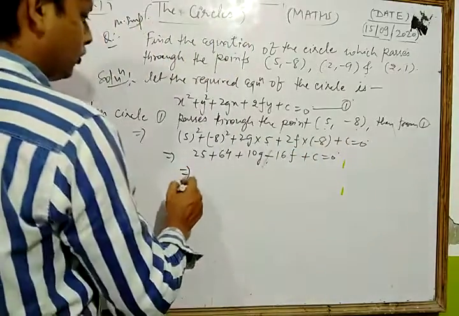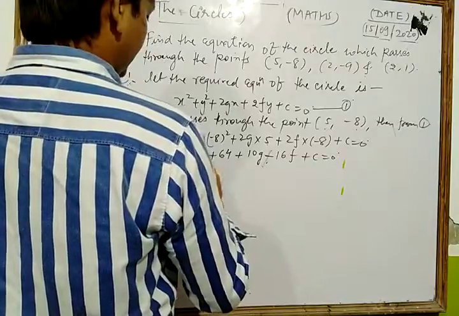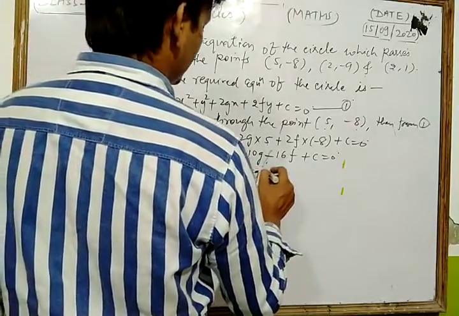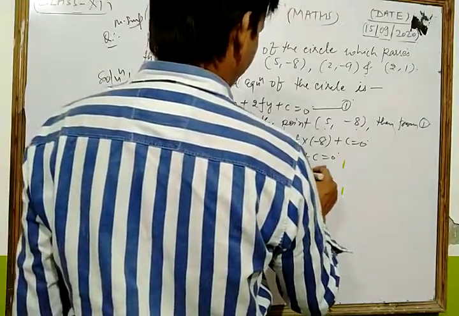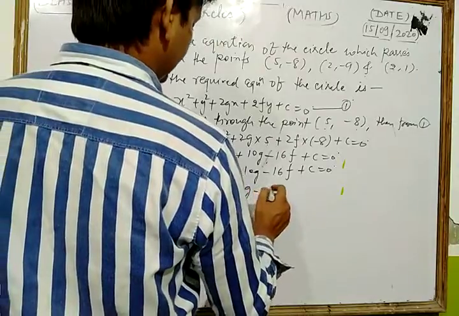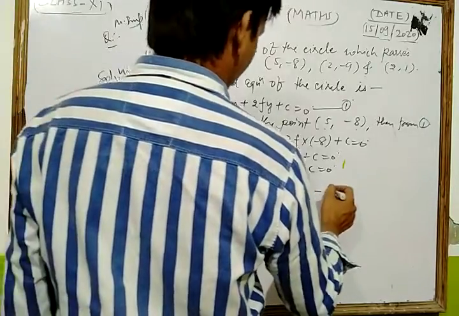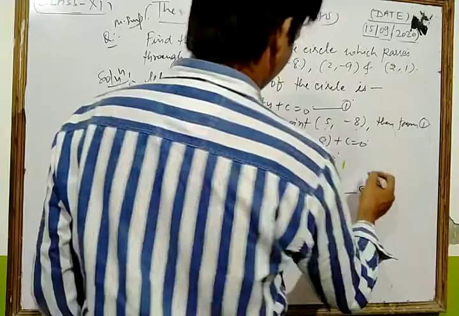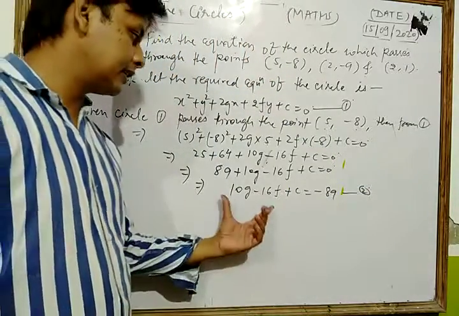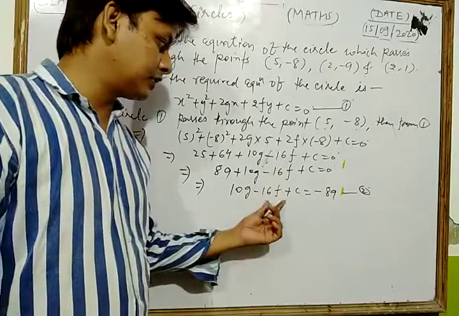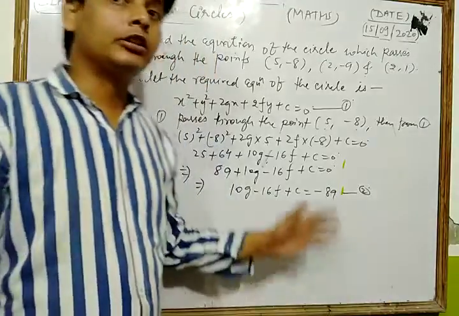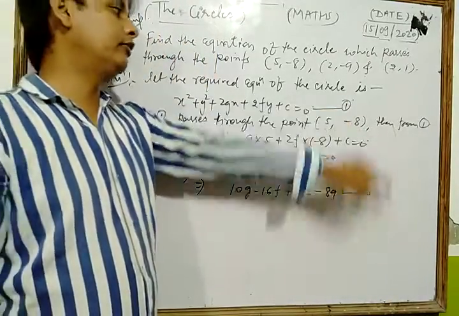We get 89 plus 10g minus 16f plus c is equal to 0. Now we get 10g minus 16f plus c is equal to minus 89. Take equation number 2. In this way we get a relation 10g minus 16f plus c is equal to minus 89 when the circle 1 passes through the point 5 comma minus 8.